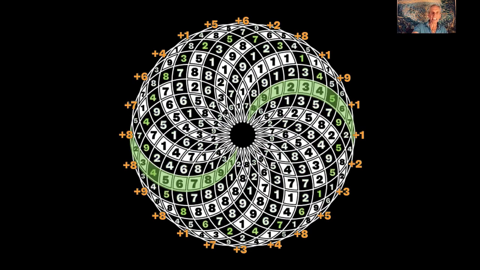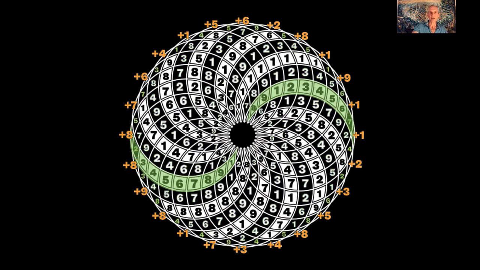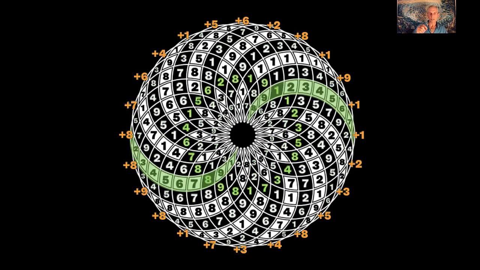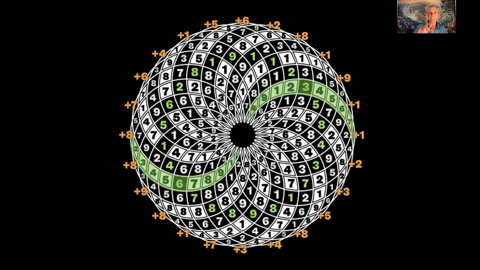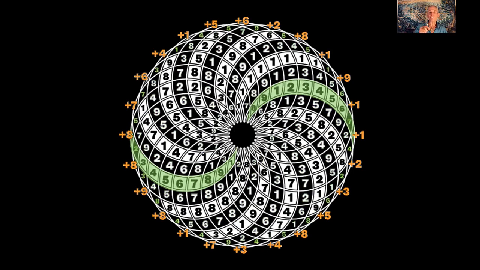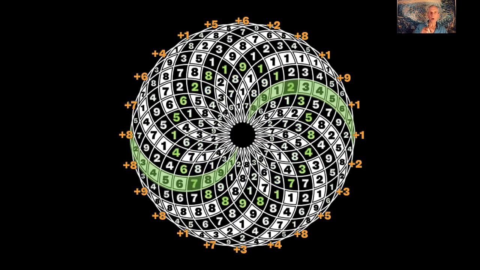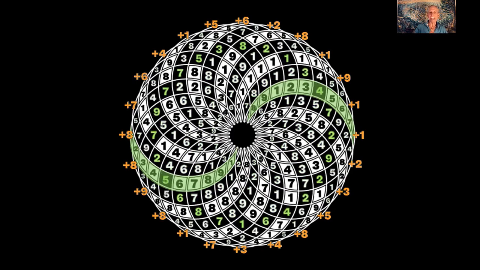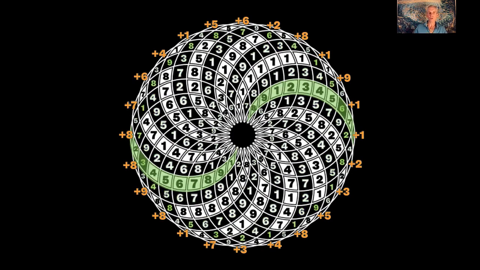So now you see it looks like this is a number sequence that decrements by 1, which indeed it does. But in digital math, that's synonymous with adding 8. So subtracting 1 or adding 8 are synonymous in digital root math.